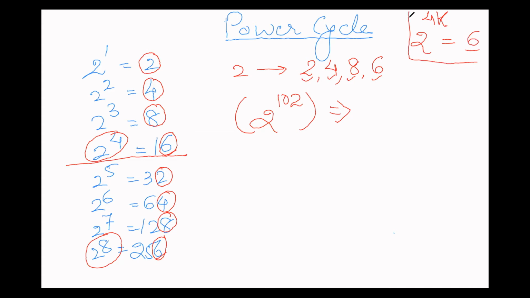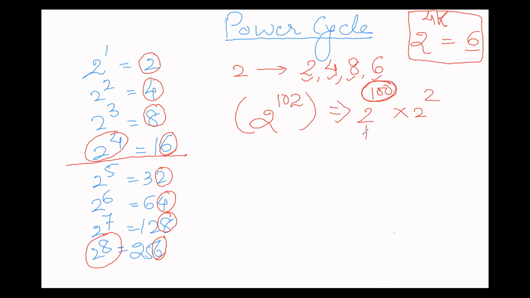Now I will use this concept to solve this question. Let me write 2 power 102 as 2 power 100 into 2 power 2. Now you can see this number is a multiple of 4. Since it is divisible by 4, it has to be a multiple of 4.